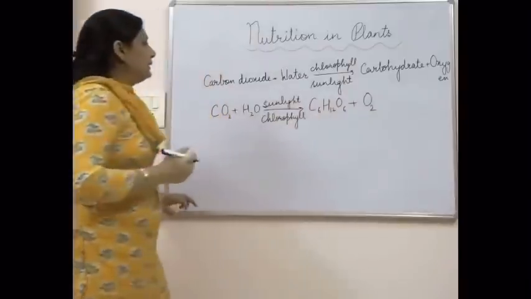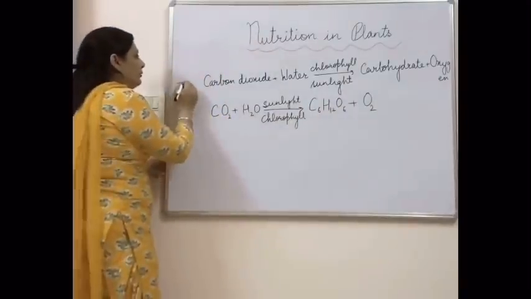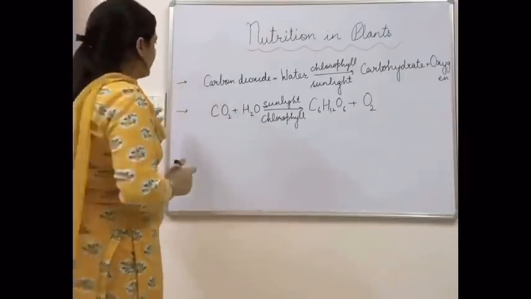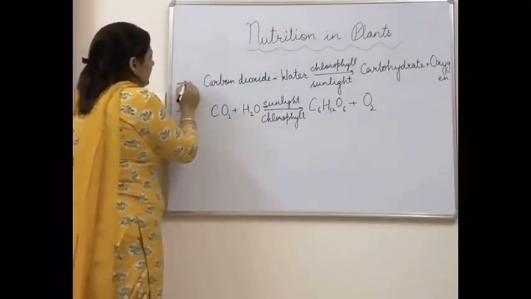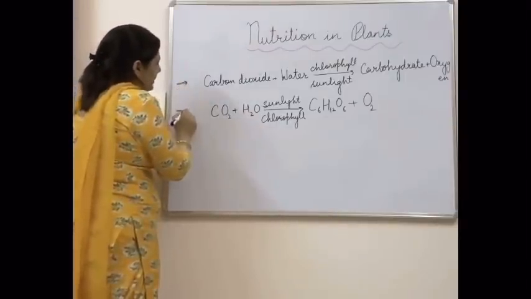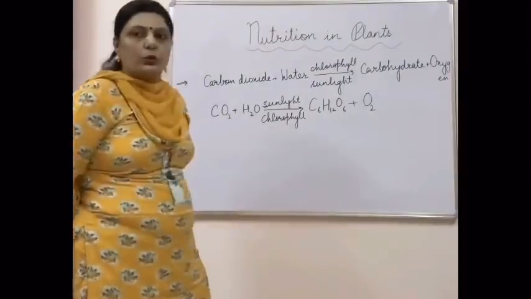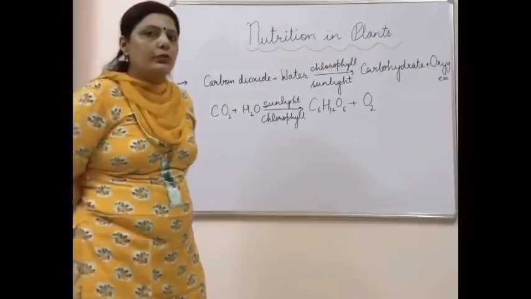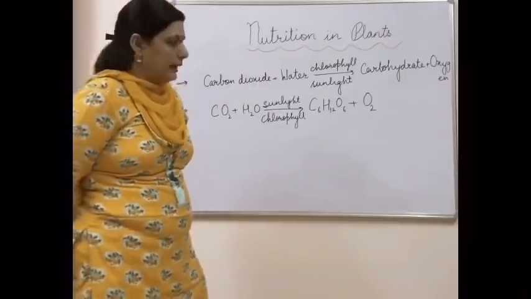So this is the equation in both the ways. Now it will be easy for you to write, so that you can easily write that carbohydrate is stored in the leaves of the plant and oxygen is released in the atmosphere, which is used by all living organisms.